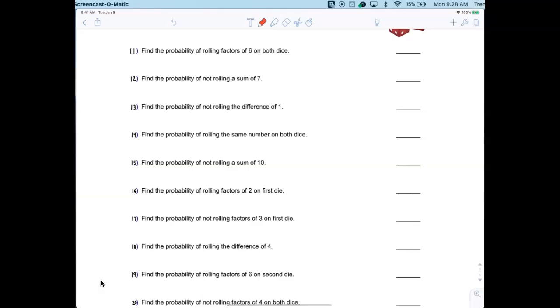Let's review that. 1, then 2, then 3, yeah, 1, 2, 3, 6, right? So instead of counting 1, 2, 3, and 6, it might be easier just to count the ones without. It says here, find the probability of rolling factors of 6 on both dice.